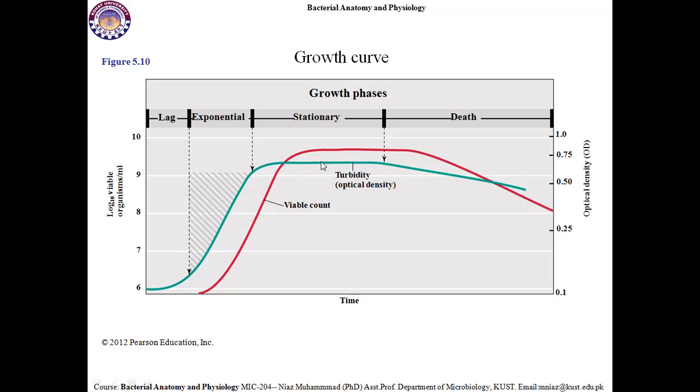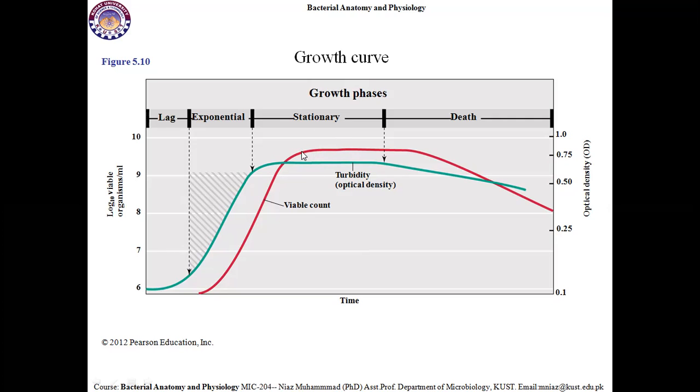And here neither bacterial cells are increasing, neither decreasing, but they are at constant stage. And here bacterial cells went into stress because nutrients have been depleted, concentration of nutrients has been decreased, and concentration of waste material has been increased.